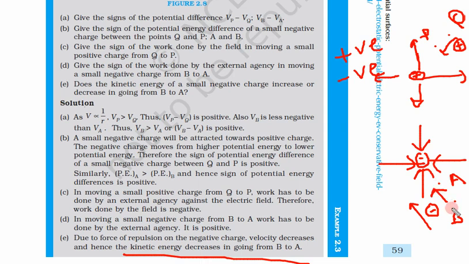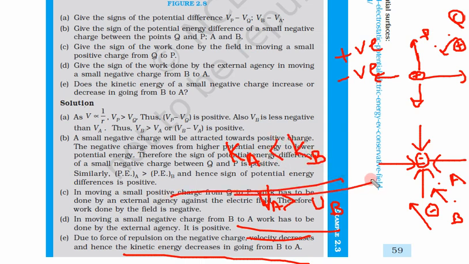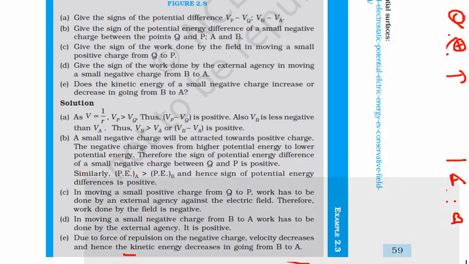Or else we can say that we have to do work, so there would be more potential energy at point A, UA is more than UB, so the potential energy has increased, which means kinetic energy at A must be less than kinetic energy at B, because the sum of the two energies must be conserved.